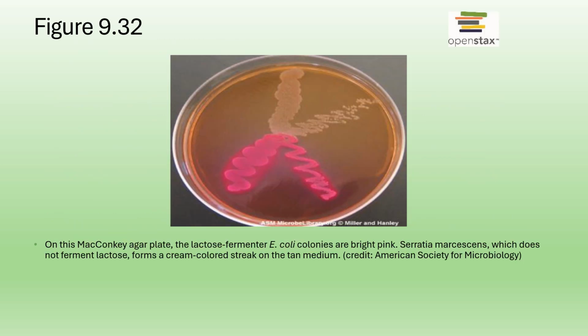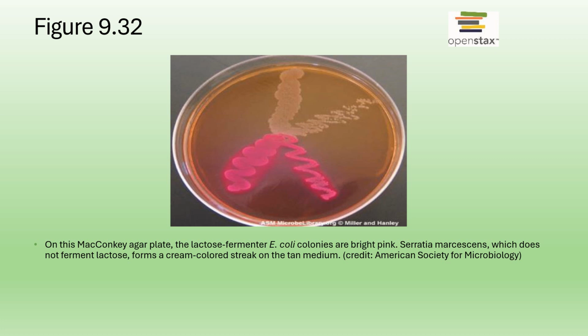In this picture here, this is another one that we work with in the lab called a MacConkey agar plate. We often just call it a MAC. The MacConkey is also selective and differential. It is selective from the standpoint that it has certain dyes in the media that prevent gram-positives from growing.